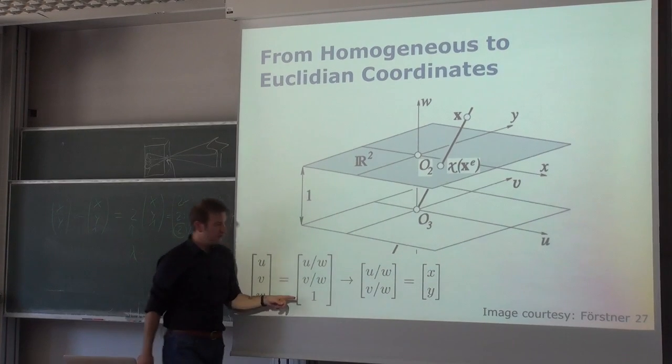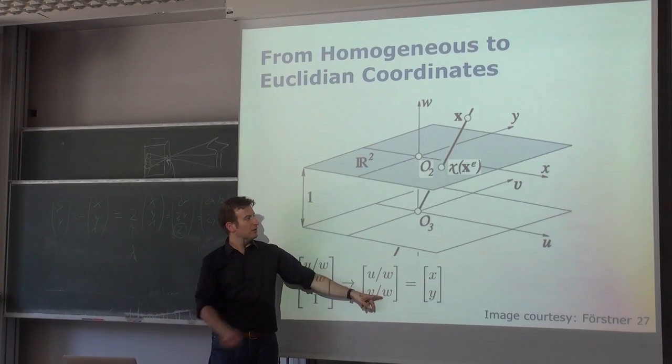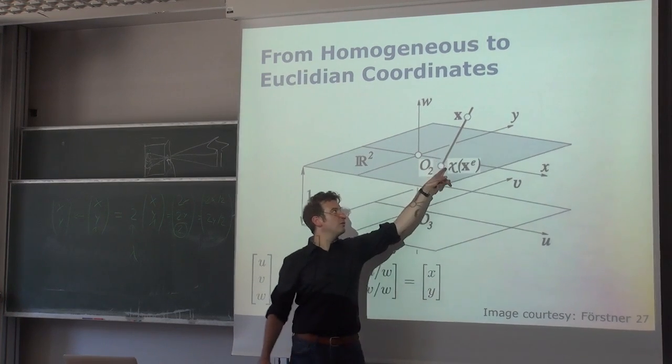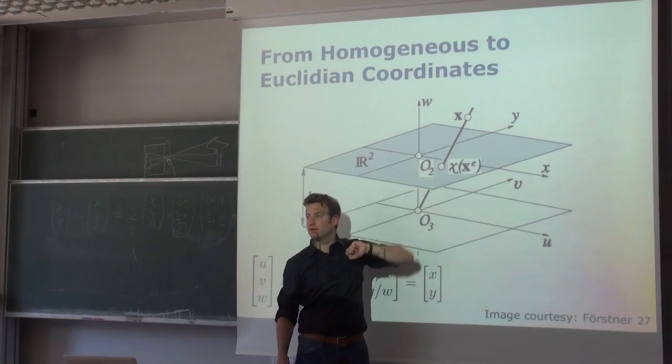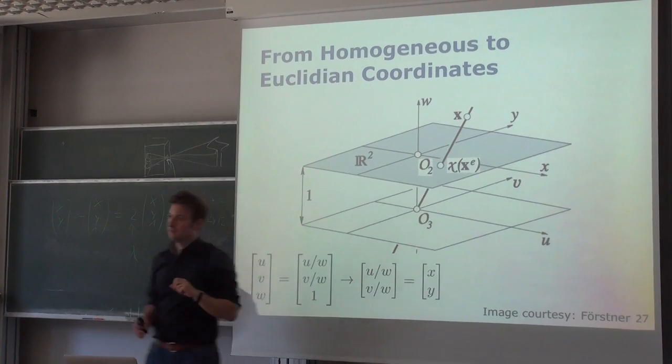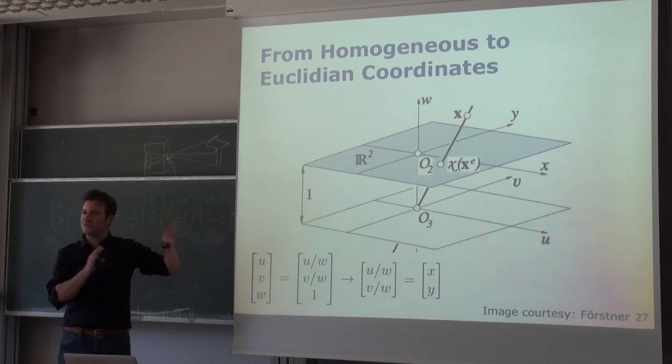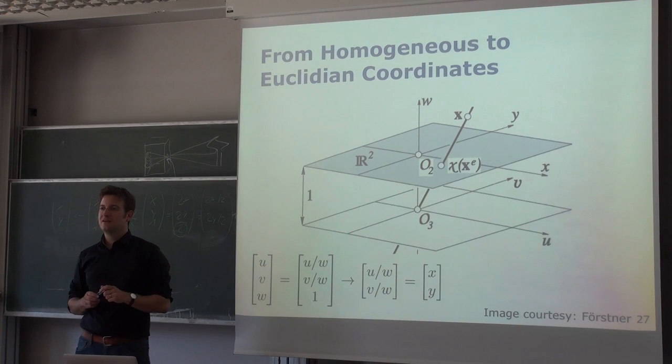So if I do this divide by W, it means that somewhere along this line, I move the point back over here. Okay? Does this figure support the understanding? Yes, please.